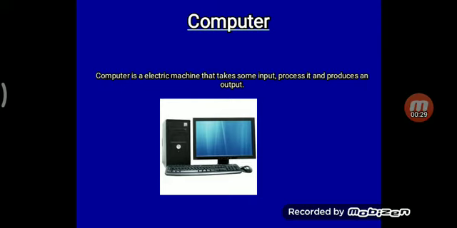A computer is an electronic machine that takes some input, processes it and produces an output. In other words, a computer is an electronic machine which accepts raw data and gives the output according to the user.